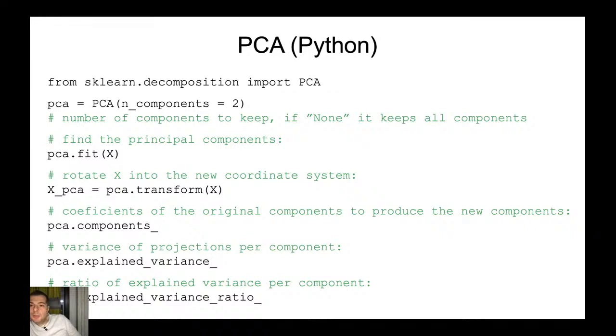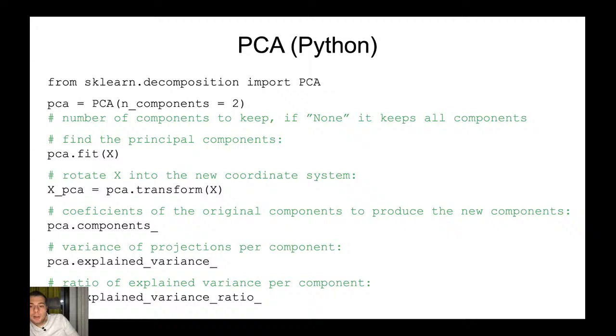Okay, and here in scikit-learn you can do the same thing. First you can fit PCA as any supervised algorithm, and once you fit it, you learn the transformation, and then you can transform any data points by calling the transform method.